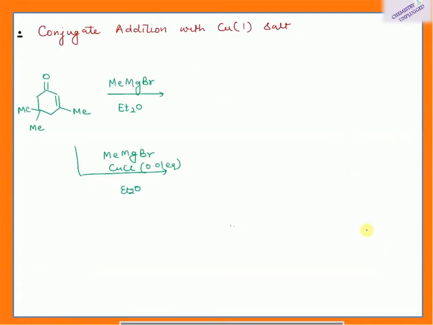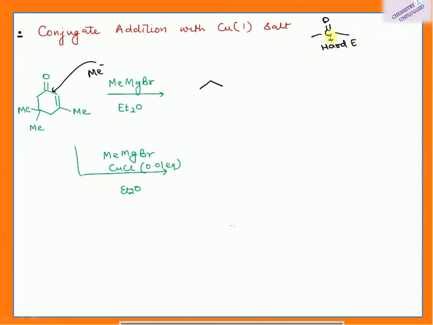Next is conjugate addition with copper 1 salt. If we are using a Grignard reagent with an alpha beta unsaturated compound, this Grignard reagent will act as a strong nucleophile, a hard nucleophile, right? So it will show direct addition. We have already discussed that in case of carbonyl compounds, this carbon center is a hard electrophile in nature, right?